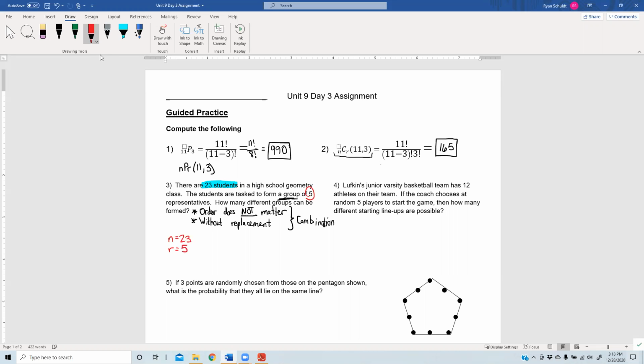So 5 is our R. We can do this as NCR 23, 5. Since this is a combination, that tells us which one to use. At this point, it just becomes a calculator problem. Plug it in.